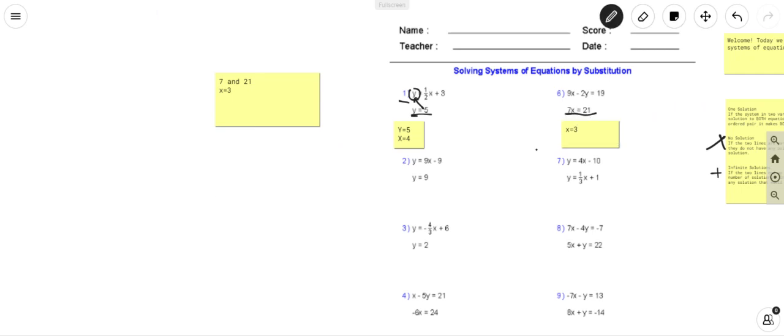Once we know x equals 3, we can use this knowledge and take the 3 and plug it in here.